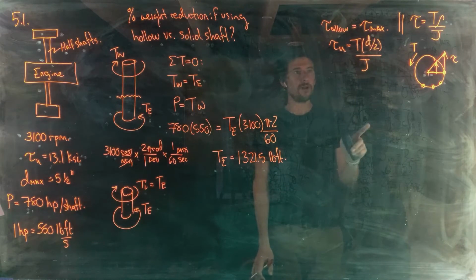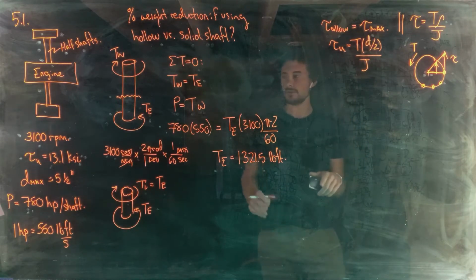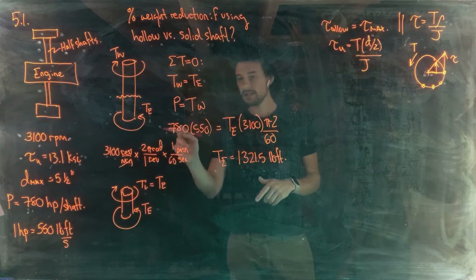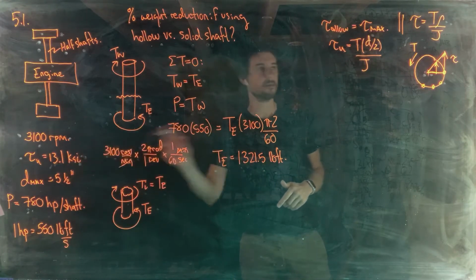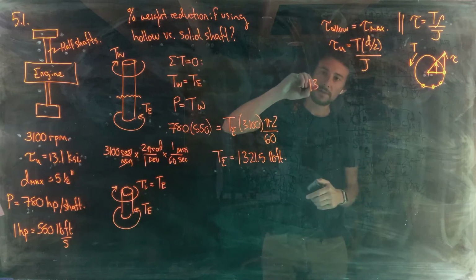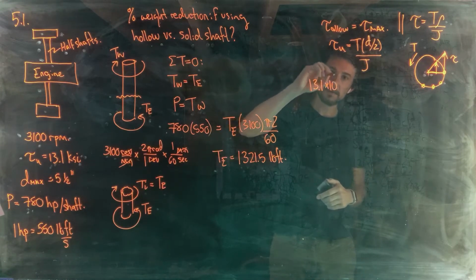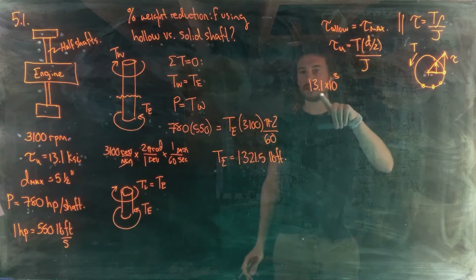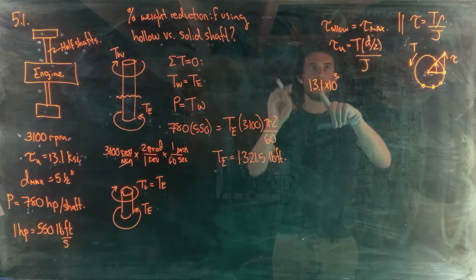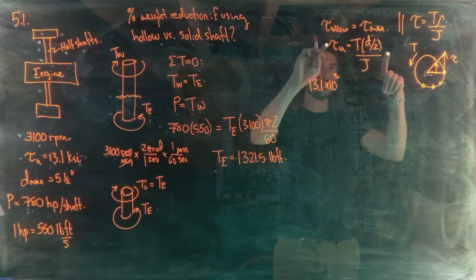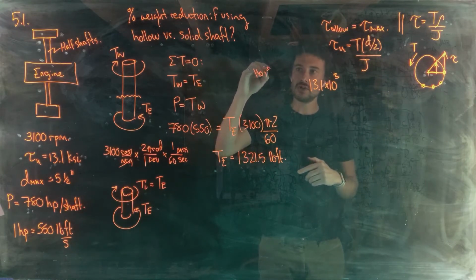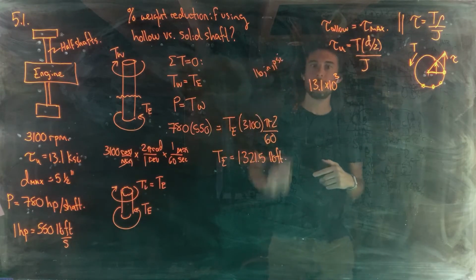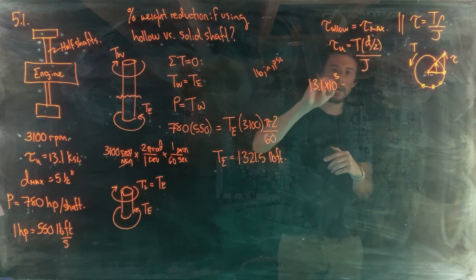Okay, so let's fill in some values here. 13.1 KSI was our ultimate strength, so we're going to put 13.1 times 10 to the 3 to change that to units of PSI. Remember, when you're dealing with equations involving stress in US units, you want pounds, inches, PSI.